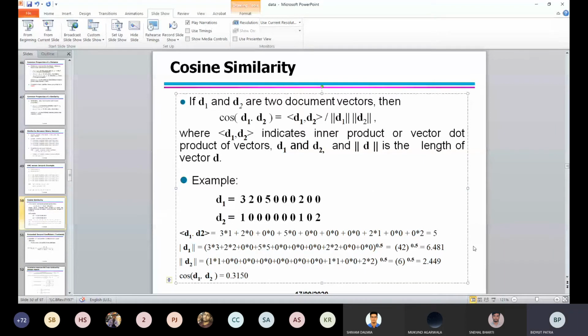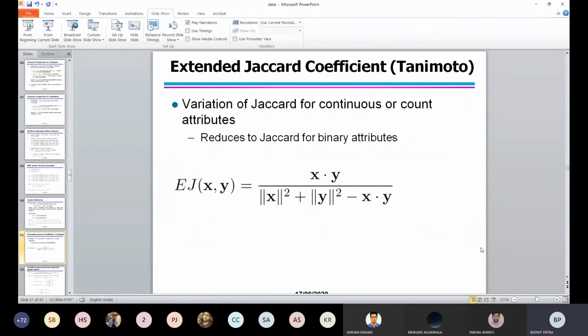So moving to the next one. Jaccard can be extended to something called the Tanimoto measure. This is x dot y divided by x norm plus y norm minus x dot y. So for binary attributes, that will reduce to Jaccard.